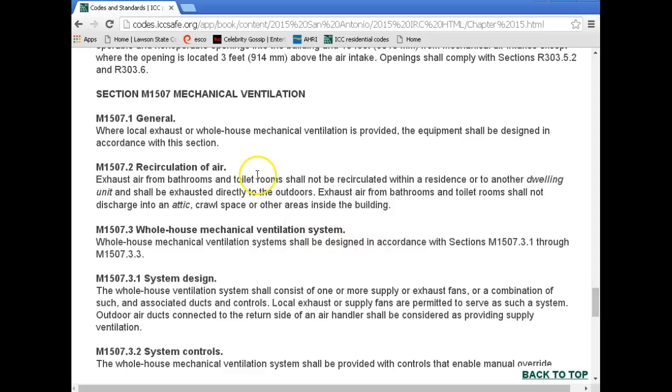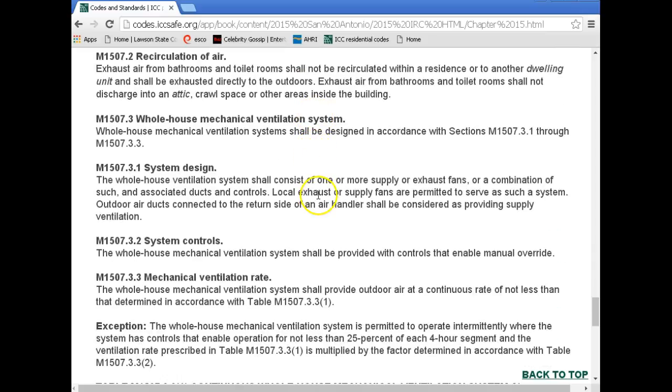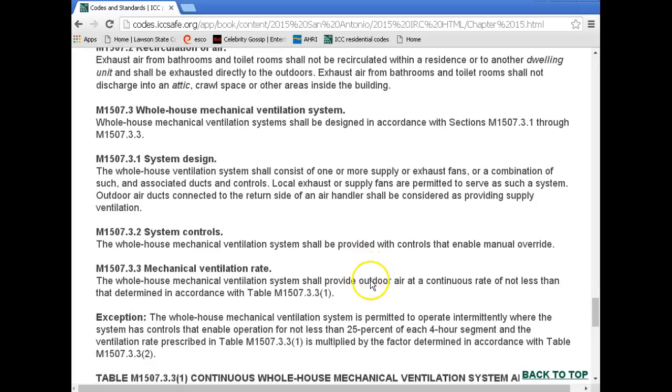On a residence, exhaust and mechanical ventilation should be provided and designed with this section, 1507. Whole house mechanical, we're going to use 1507.3.1 through 3.3. So system design, system control, and the mechanical ventilation rate all go hand in hand.